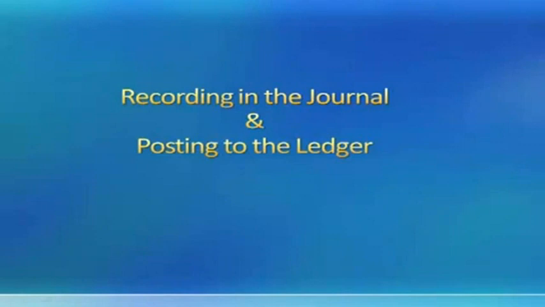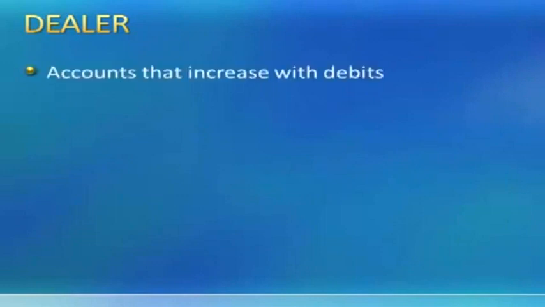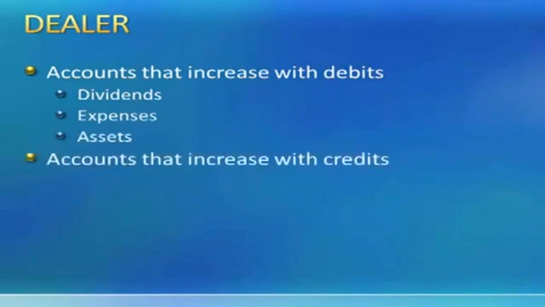Welcome to recording in the journal and posting to the ledger. Let's get started. Let's first review our acronym from the last module, DEALER, D-E-A-L-E-R. The accounts that increase with debits are dividends, expenses, and assets.